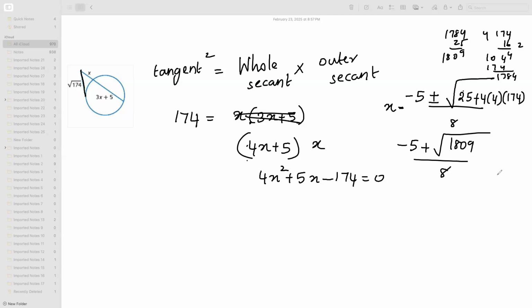Getting a very bad answer. What is that? What are you guys getting?